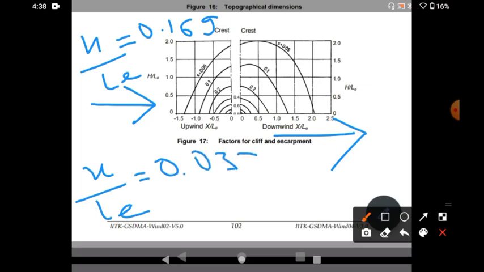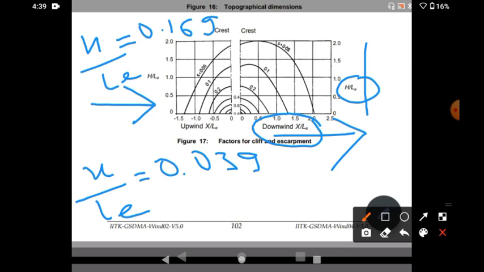And the ratio of X by LE is equal to 0.039. So with the help of this graph, here you can see that on the vertical side it is representing the ratio of H by LE, and on the horizontal side it is representing the X by LE ratio. So from here we have to take the right graph, because we are calculating all the values in positive.